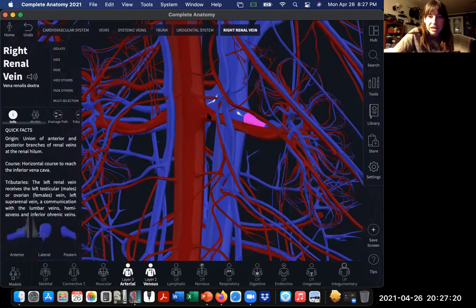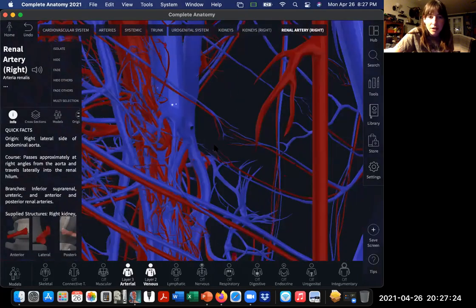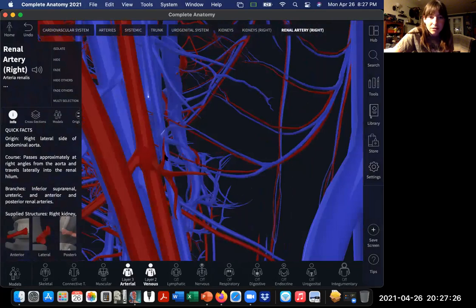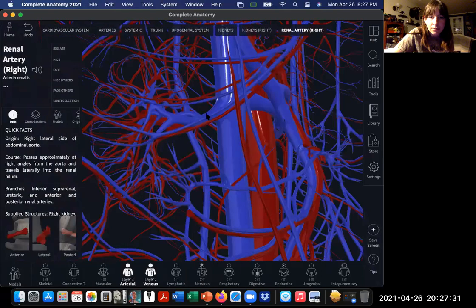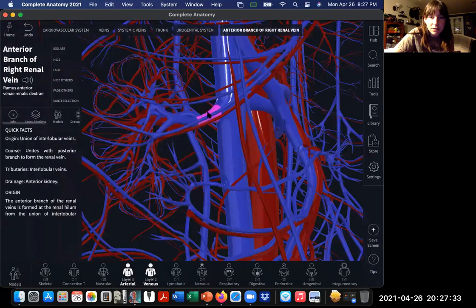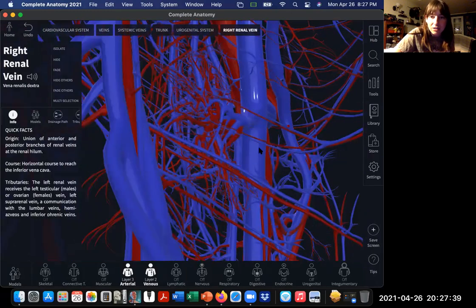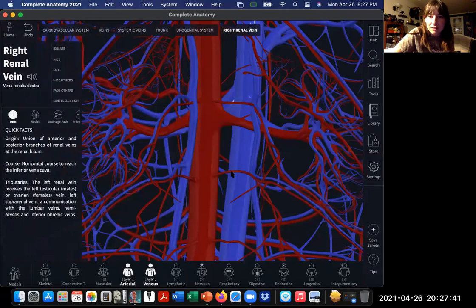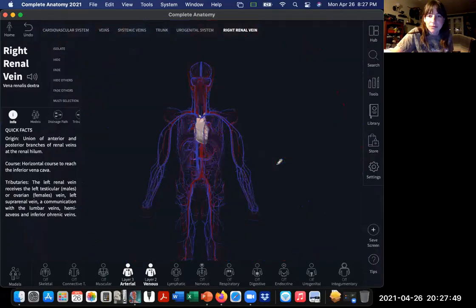The renal artery coming from the descending aorta, abdominal aorta specifically, and the renal vein coming from the inferior vena cava. And where they come together, it kind of looks like they're holding hands and dancing. It's kind of beautiful. I just love that. Look at how pretty. Anyway, don't mind me.